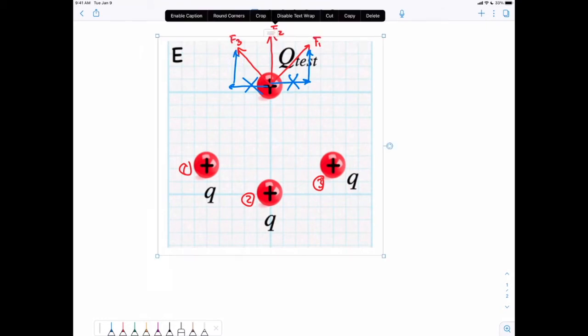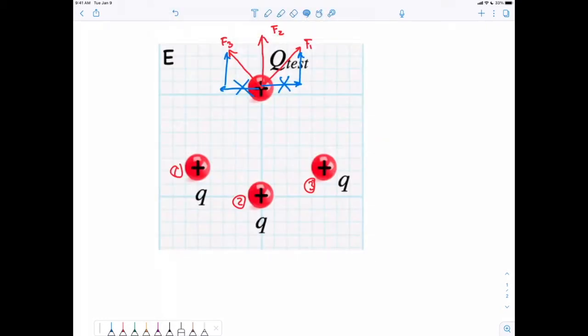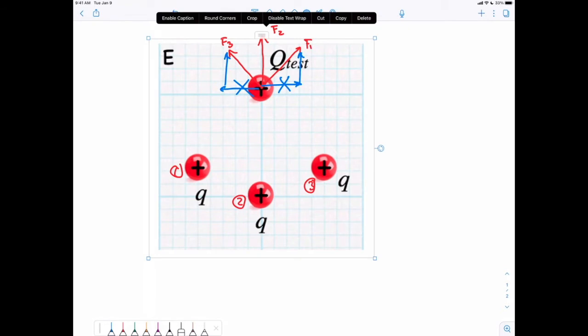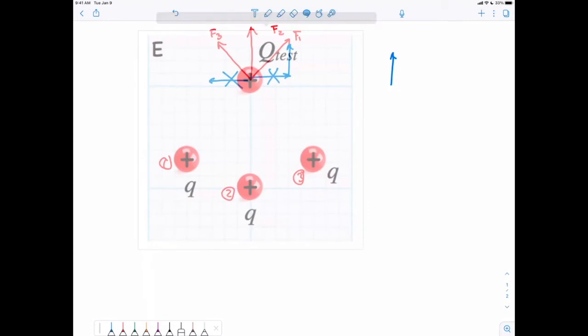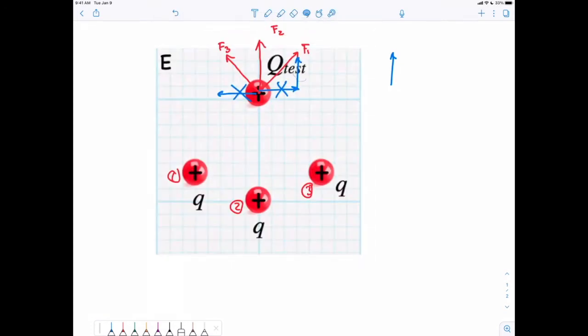Let me try that again. All right, we're going to add this vector, this vector, and that vector to get our total force.